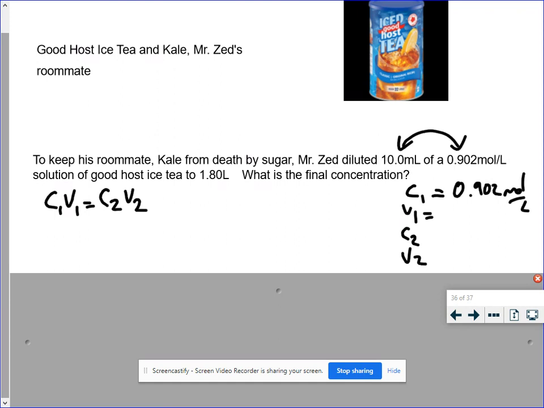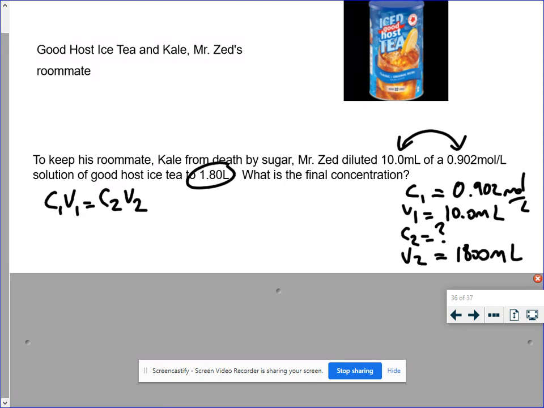The volume is 10 milliliters. The question wants the final concentration, or C2. The final volume is 1.80 liters. Now, we need to convert that to milliliters to have similar units, so I'm just going to multiply that by 1,000.